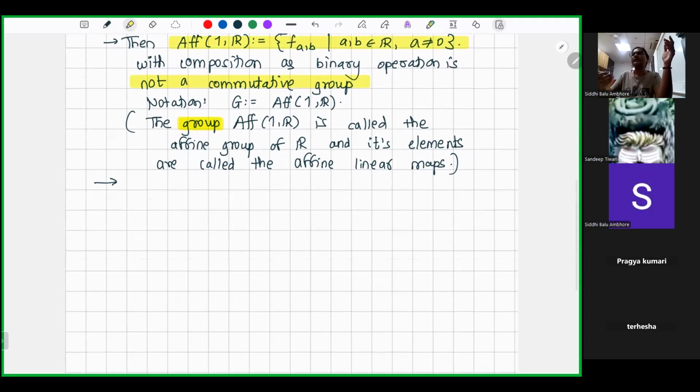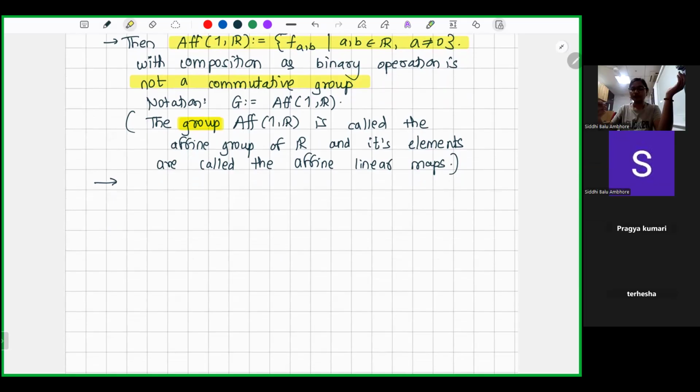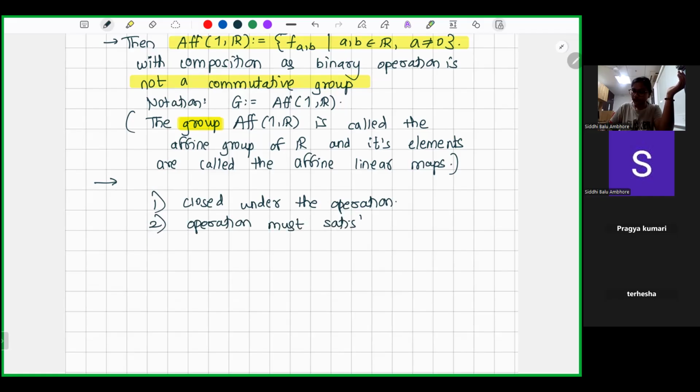Okay, so for a group we need to have four properties satisfied, and if you're starting with the binary operation, then three. First, it must be closed under the given operation. Second, that operation must satisfy the associative property.